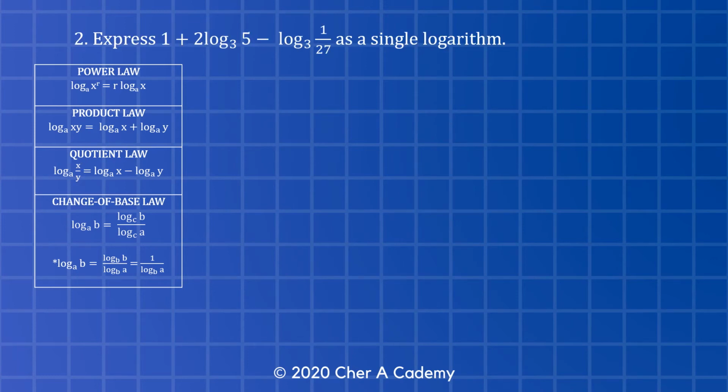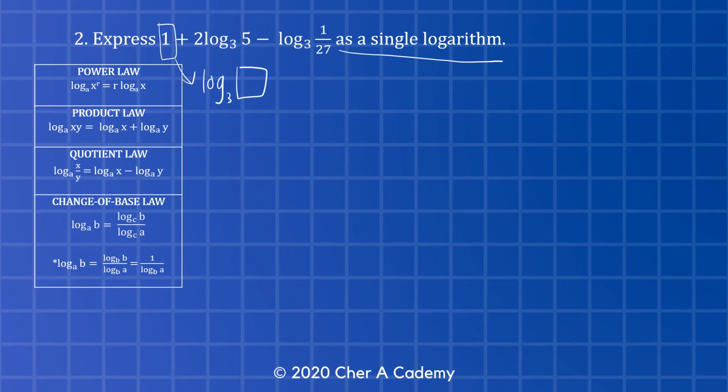Question 2. Express 1 plus 2 log base 3 of 5 minus log base 3 of 1 over 27 as a single log. This gives me a very big clue that I have to change all of them to the same base. Now my challenge is this 1 here. How do I change it to have the same base?